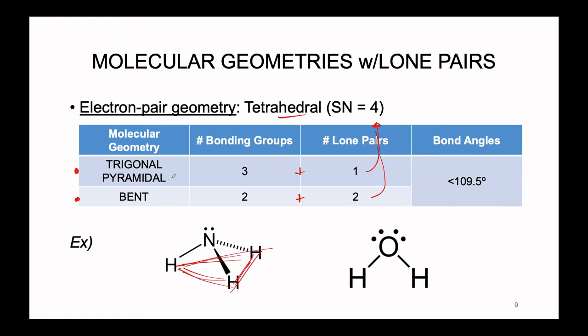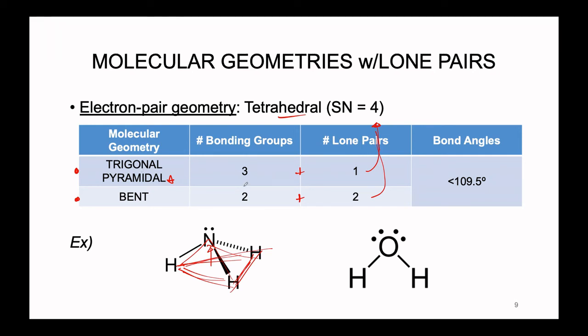The reason why this is called trigonal pyramidal is because the nitrogen is actually up out of the plane of the triangle that is formed by the hydrogens, and it is going to form the peak of the pyramid that we can draw. So it is a pyramid that has a trigonal base, hence why it is called trigonal pyramidal.